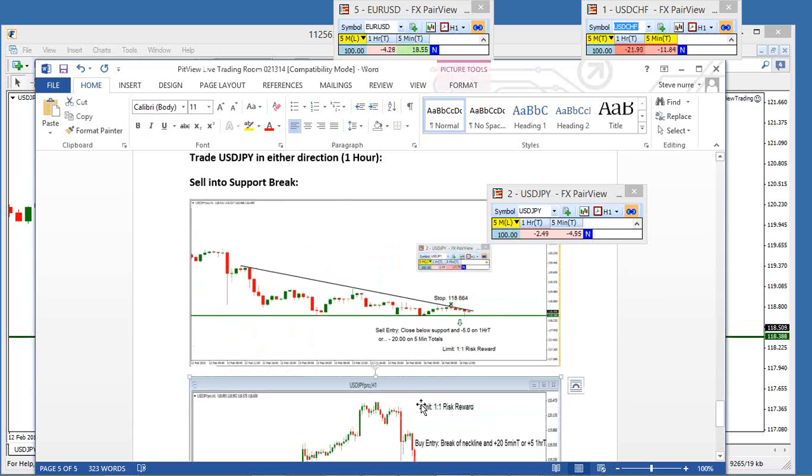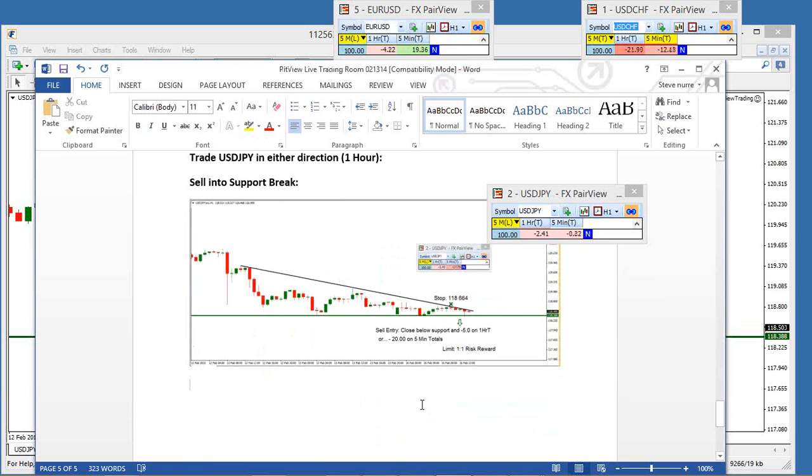I'll go ahead and paste that on there. And then you probably know we're going to go. So buy into a resistance break would be our other strategy on dollar yen. So buy into resistance break.